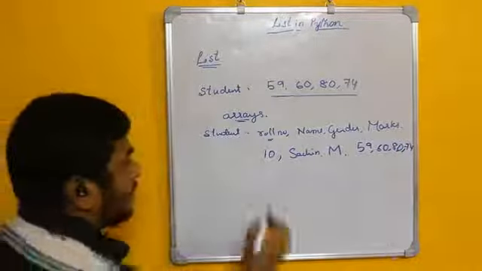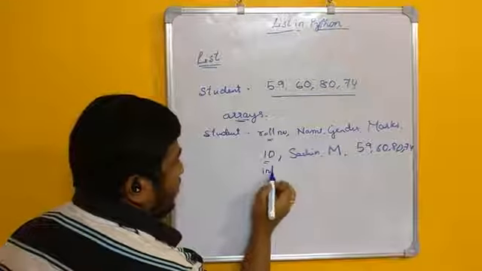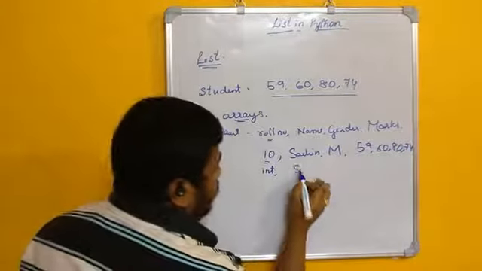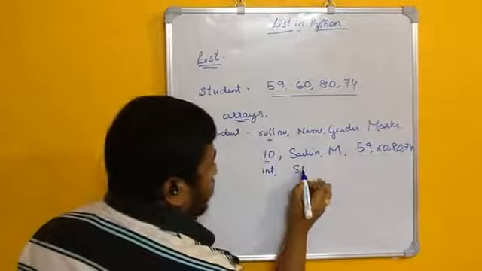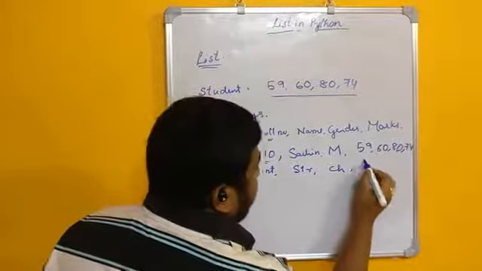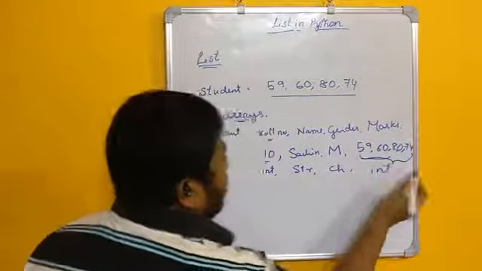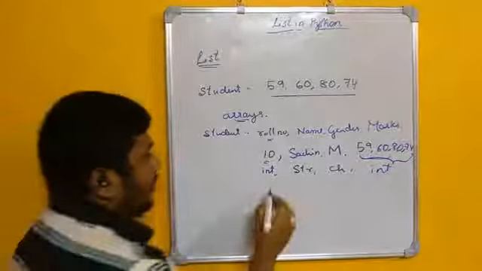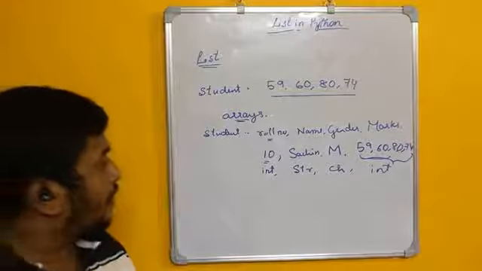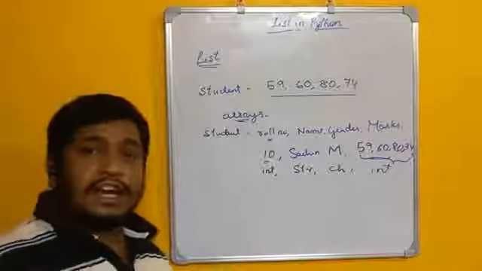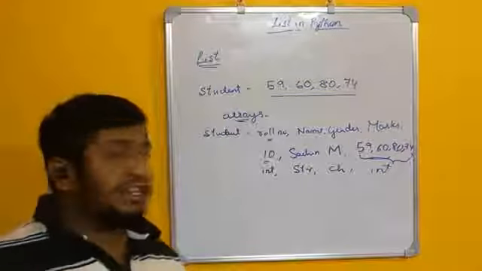See here, 10 is of integer type, Sachin is of string type, gender male, M, is character type, and 59 is of integer type. So here what happens? It is a collection of different types of data: integer, string, character, and integer.